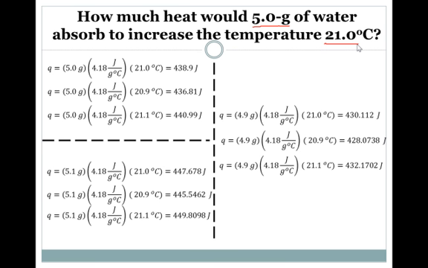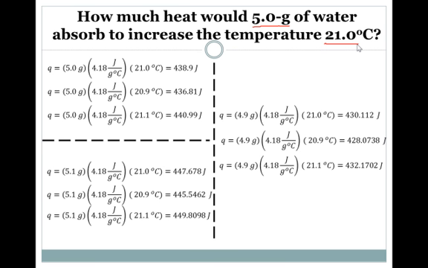So this measurement could actually be 4.9 grams, 5.0 grams, or 5.1 grams. The temperature is also estimated to the tenths place. So the temperature can actually be 20.9 degrees Celsius, it could be 21.0 degrees Celsius, or it could be 21.1 degrees Celsius.